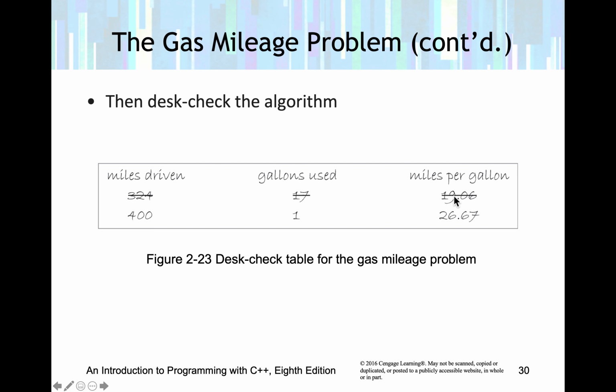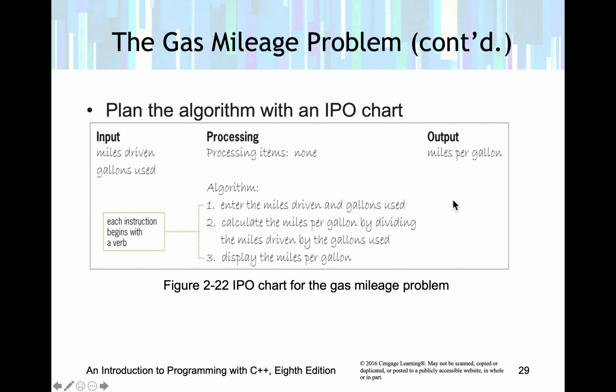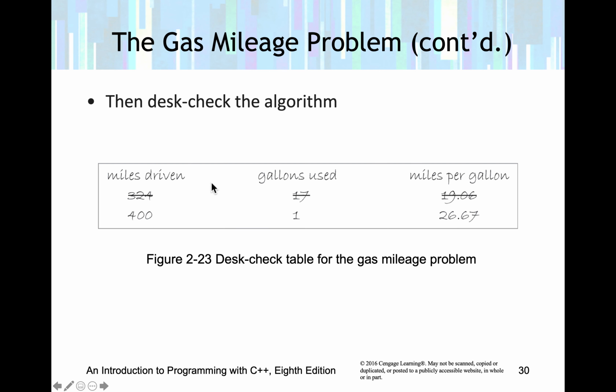Your calculation was incorrect. So you would have to go back and correct this calculation here. Okay? So again, for your lab, you're going to create one of these IPO charts, and you're going to create one of these desk check algorithms. Okay, thank you.